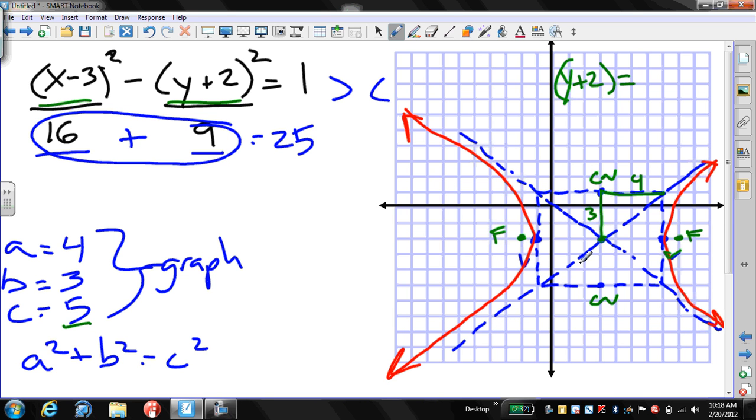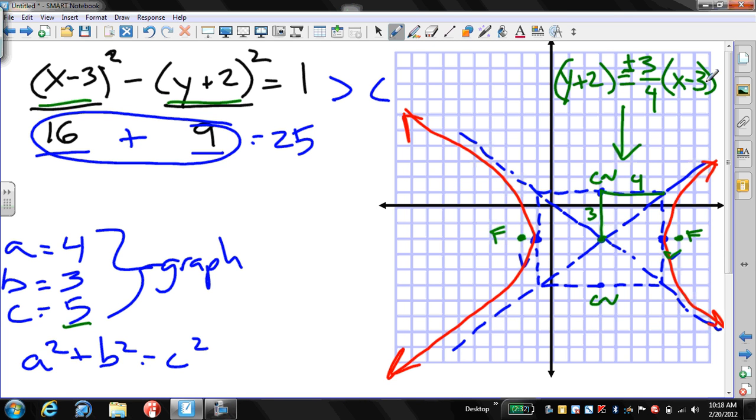Now there's two lines, a positive line and a negative line. So I'm going to do positive and negative 3/4, times the x value of x minus 3. And that gives the equation of the two asymptotes. So again, y plus 2 equals plus or minus 3 divided by 4 times x minus 3.